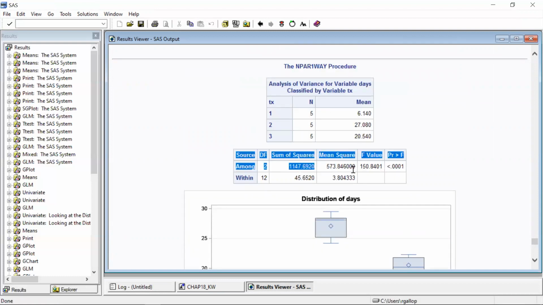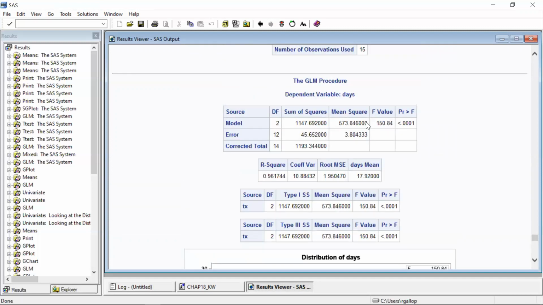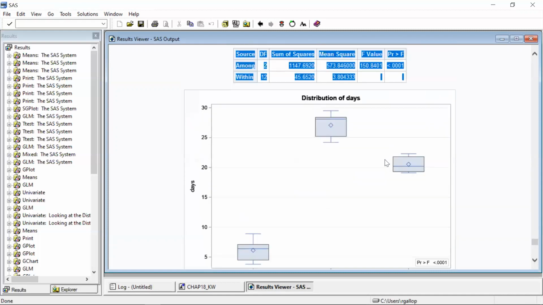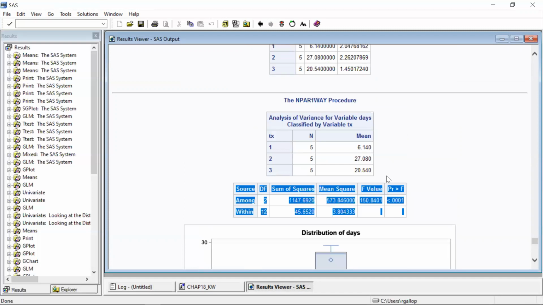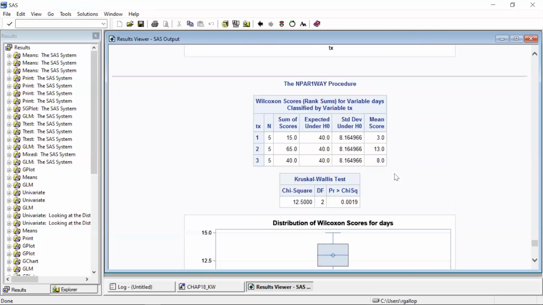This box you see right here is the same box as the ANOVA box. This is running the ANOVA model. See the 150.84? That's the 150.84 in the ANOVA box. So the first part of the non-parametric output is the ANOVA model, and even the ANOVA box plot.